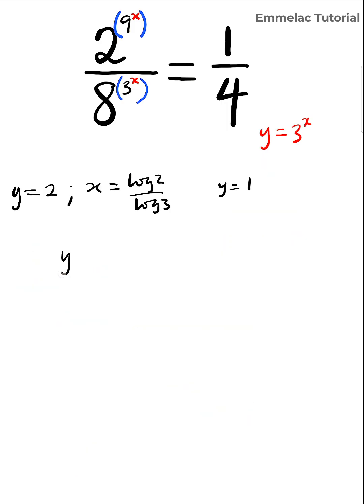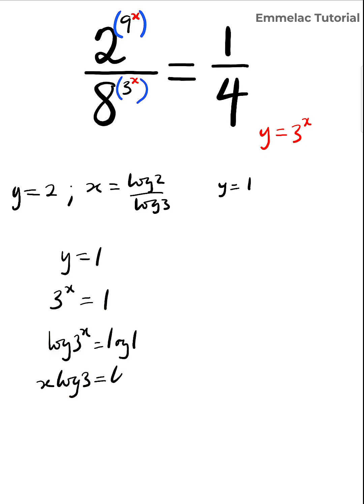For y equals 1, y equals 3 raised to x equals 1. Now let us apply log to both sides so that we find the value of x. So log 3 raised to x equals log 1. Applying the power rule of logs, we have x log 3 equals, and log 1 is 0.